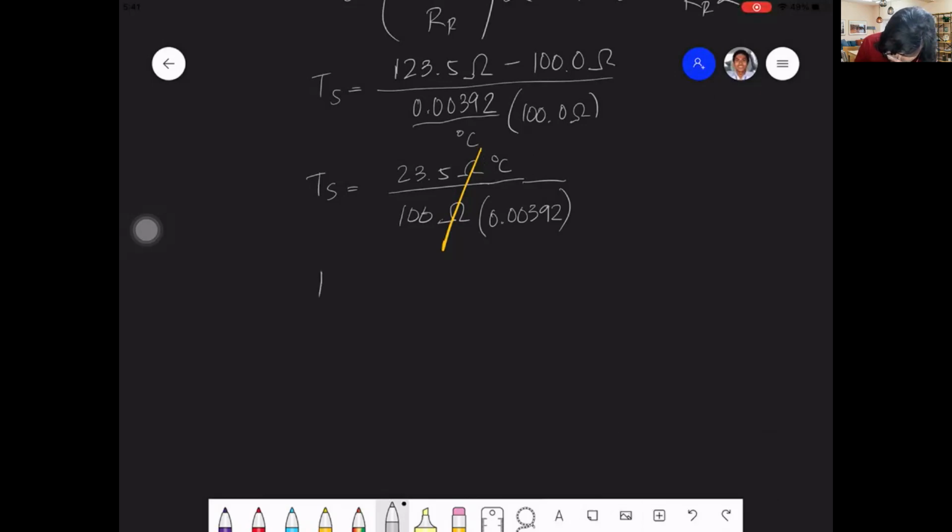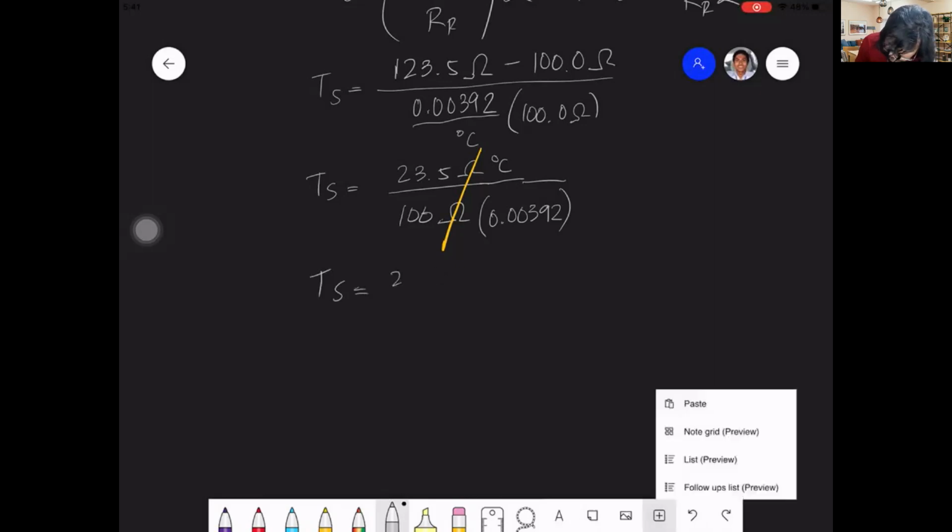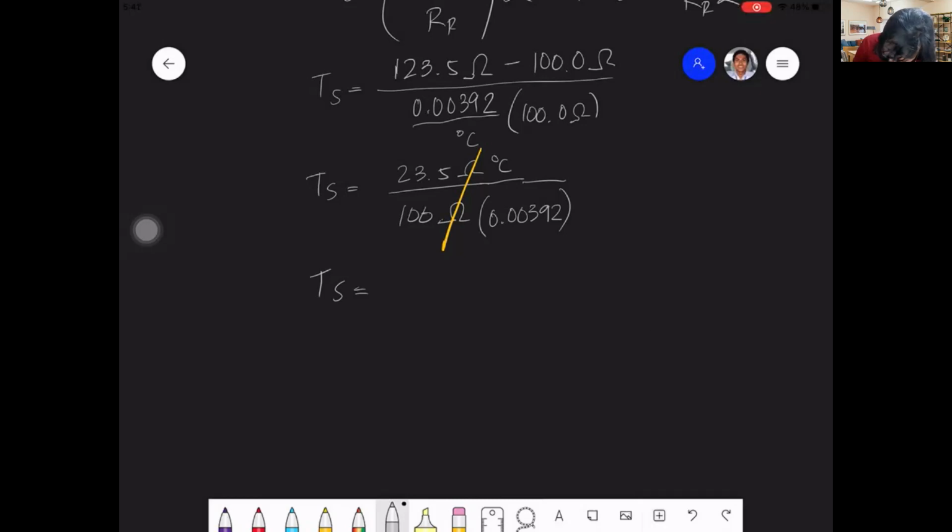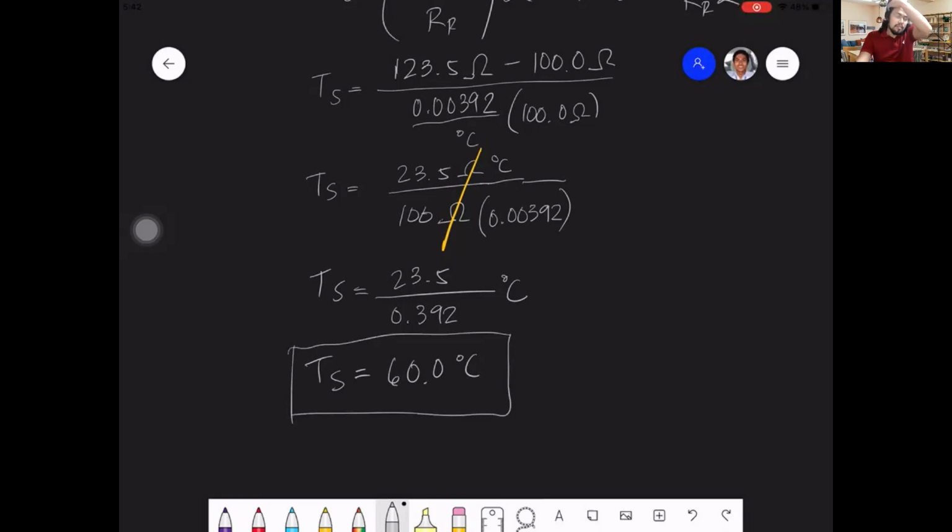So T sub S, when you solve this, is 23.5 over 0.392 degrees Celsius. And T sub S is equal to 60.0 degrees Celsius. That is the temperature of the hot bath. It's actually a hot bath, not boiling point.